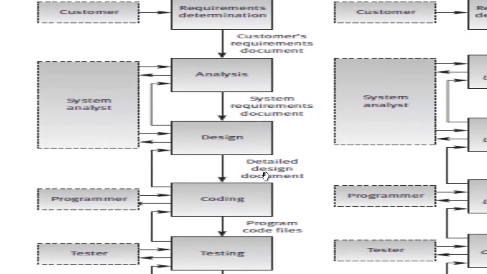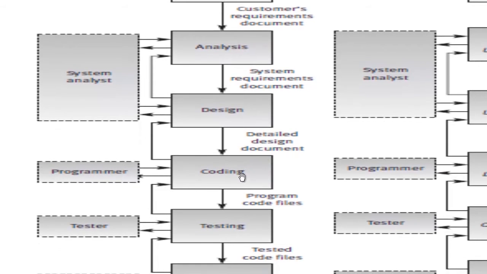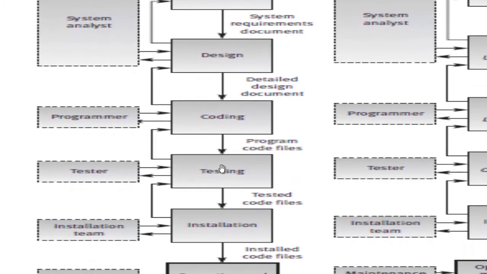For each module, a detailed design will be prepared and the detailed design will be translated into code by a programmer or by a programming team. Once coding is complete, the module or set of modules will be tested.